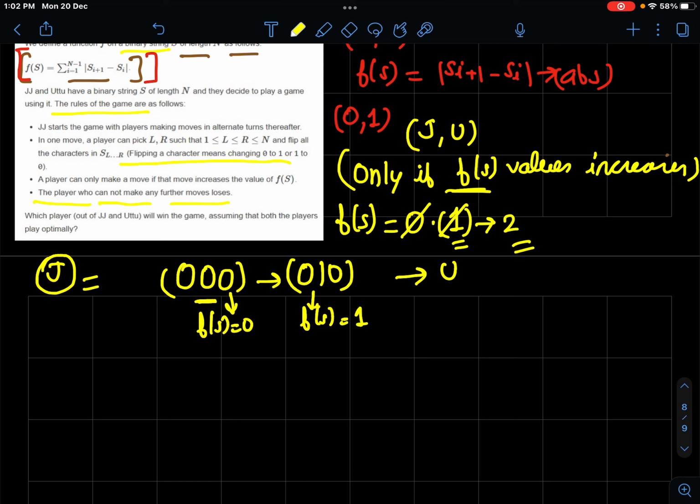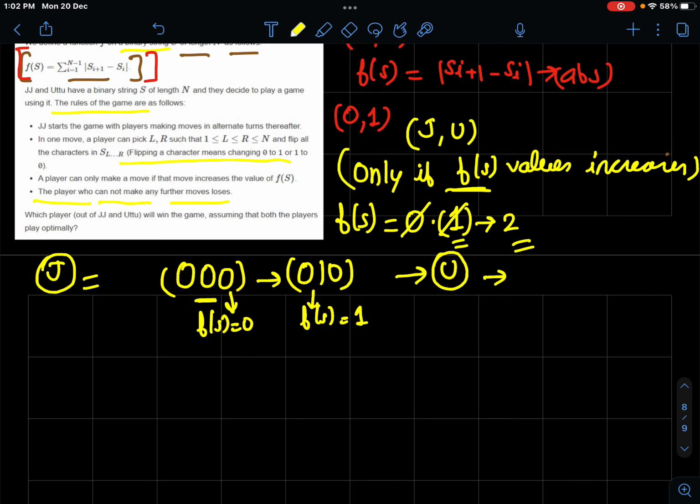Now it's time for U to make a move. U will try to make a move, but it can't, because J has already made the move to 0 1 0 and Fs has become 1. To make Fs 2 is not possible because the adjacent elements are not equal.